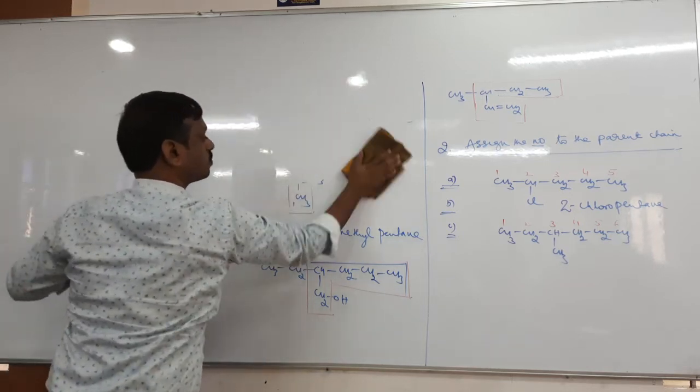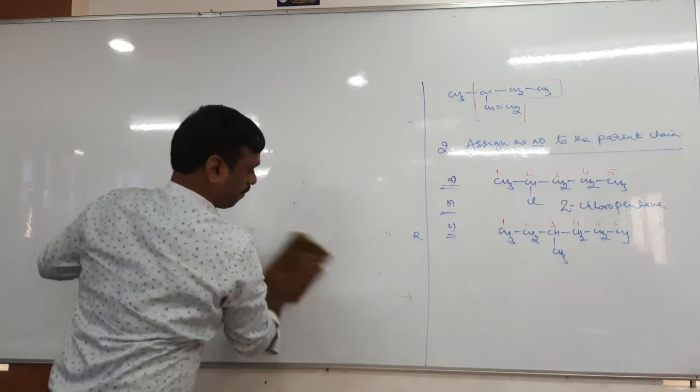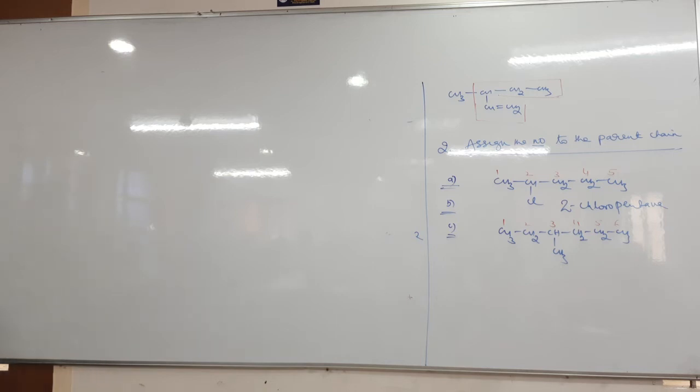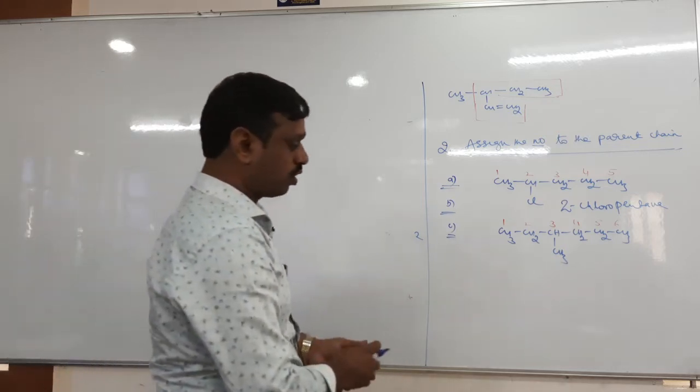Next, B. If a functional group is present on the parent chain, assign the numbering from the side of what?